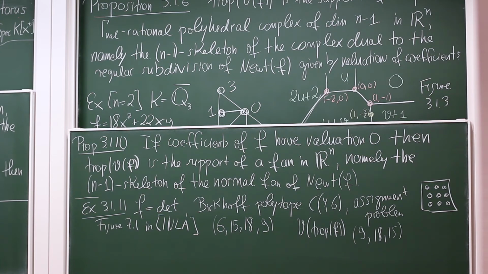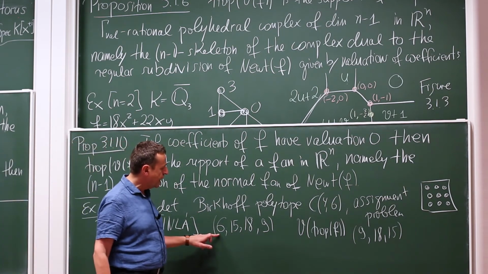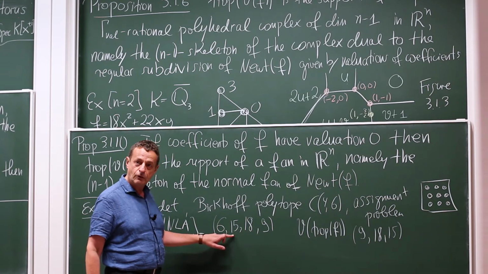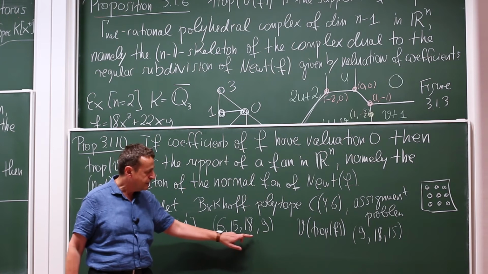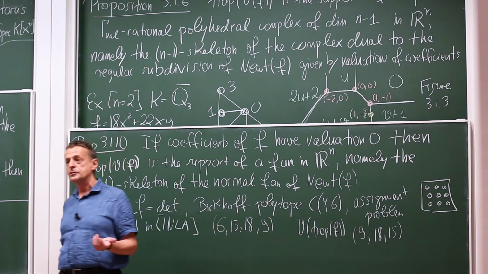That's a 5-dimensional space. So there is one lineality space of dimension 5. There are 15 cones of dimension 6. There are 18 cones of dimension 7 and 9 cones of dimension 8.